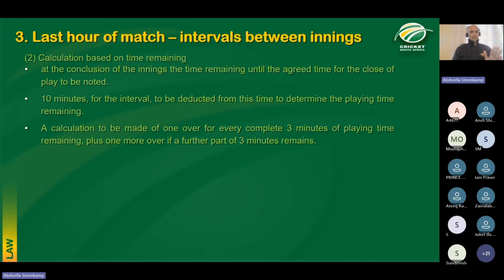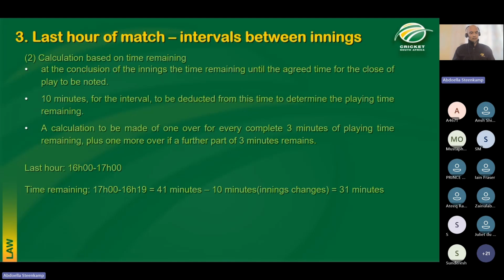The first point is, when the innings ended, see how much time is left in the last hour. So we know our last hour was 1600 hours till 17. So the innings ended at 1619. So from 1619 up until the end of the last hour, I need to calculate that in minutes.